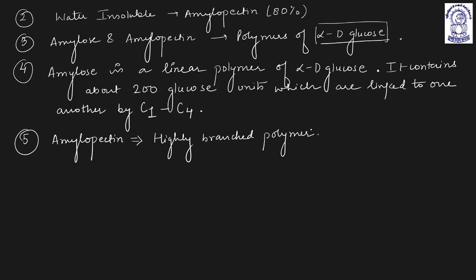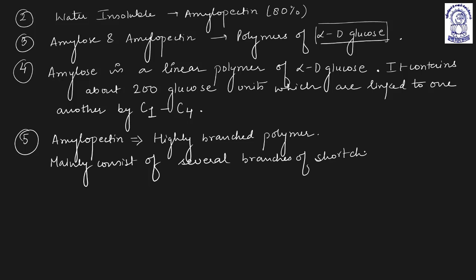It mainly consists of several branches of short chains of around 20 to 25 glucose units, which are joined together through C1 of one glucose and C4 of the other.